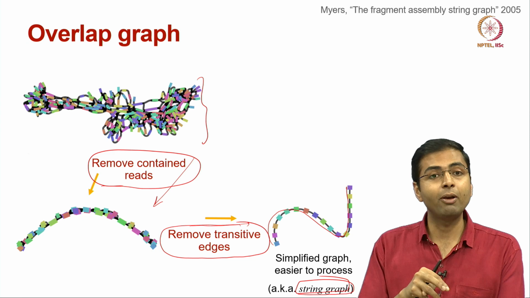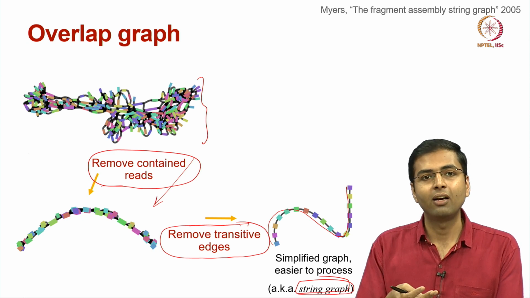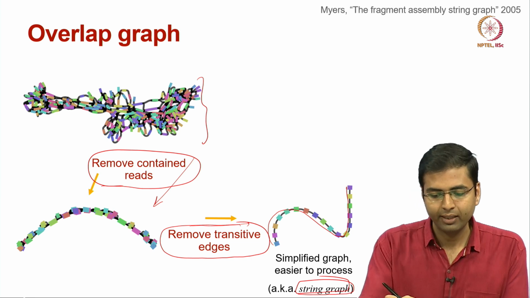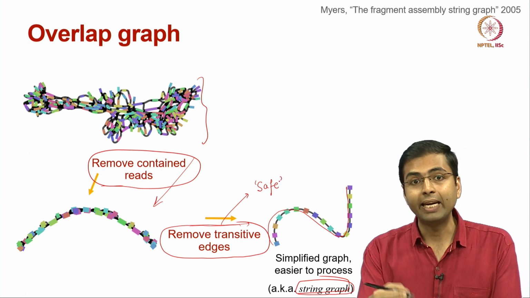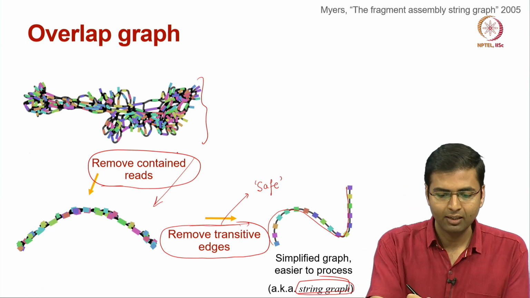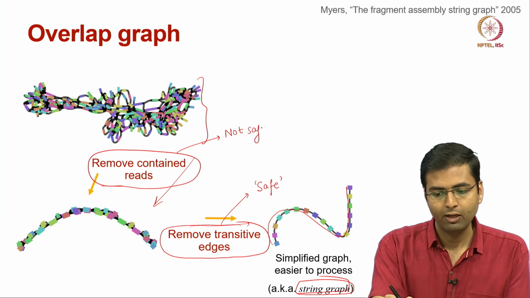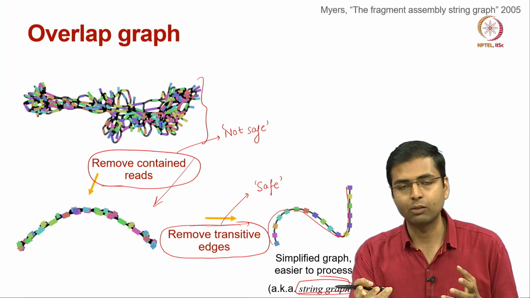Sometimes we may end up losing useful vertices which would be needed to spell the actual genome sequence. So, transitive edge removal is a safe technique, that is we do not lose any information, but removing contained reads is not necessarily safe. Occasionally this can lead to creating mistakes as well.